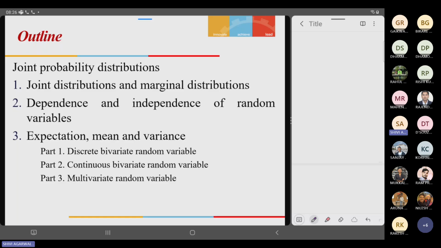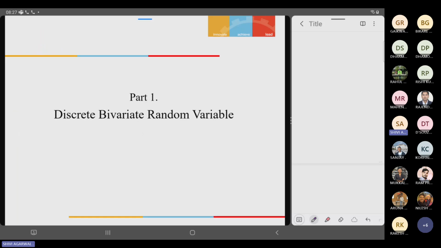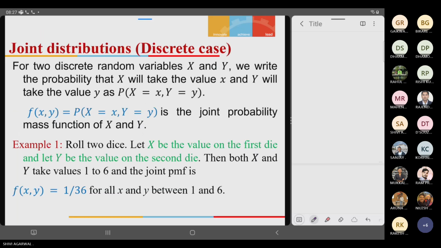Firstly, we will discuss the discrete bivariate random variables. For two discrete random variables x and y, we write the probability that x will take the value x and y will take the value y. So we can write it as the probability when X is equal to x and Y is equal to y.